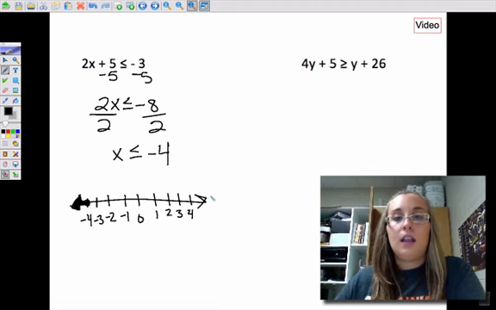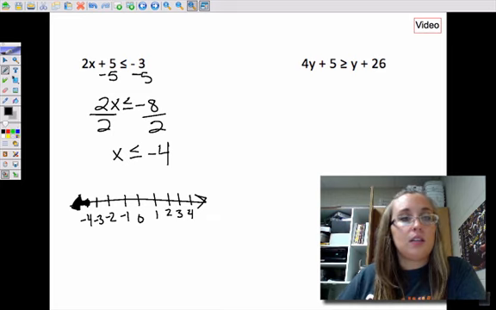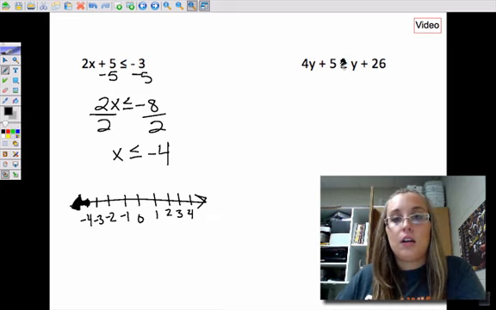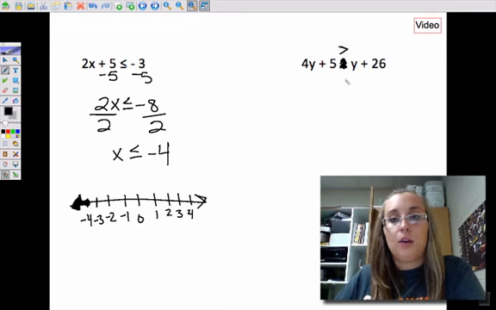All right, last one. Let's go ahead and change this sign here. On your notes, cross this out. Let's make this just a simple greater than, no equal to. All right? So just like our last section where we're solving equations, we've got a variable on each side. So I want to take the smaller one and I want to eliminate it from the side. So I'm just going to minus 1y from both sides.